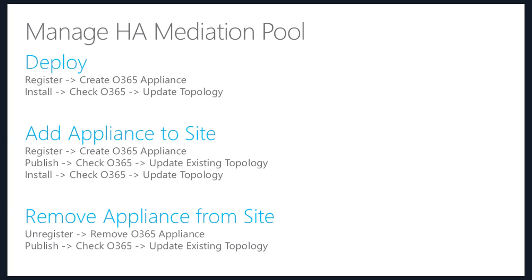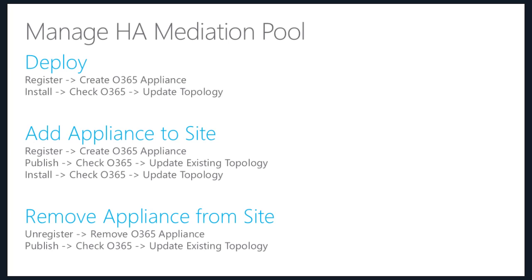No worries. We have a commandlet that we can utilize called our publish commandlet. The technical name is Publish-CcEAppliance, but the publish commandlet will basically be run on that first Cloud Connector appliance to tell it, hey, you need to go and check out the updated topology information and pull that down so that you now know about the mediation servers that are deployed throughout the entire site, and you don't just have your particular view of the world, right?